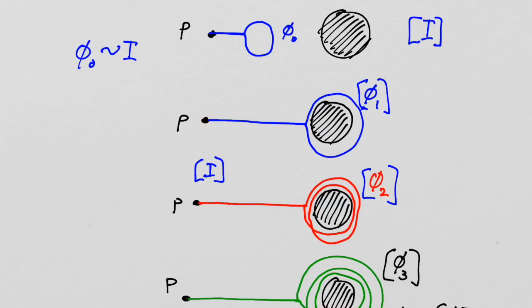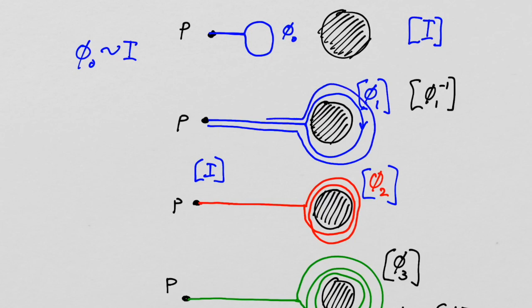Now it's worth a moment to talk about the equivalence class of phi 1 inverse. If phi 1 goes this way, phi 1 inverse would go around like that and then back. Notice that these are not homotopic to each other. Phi 1 inverse is not homotopic to phi 1.